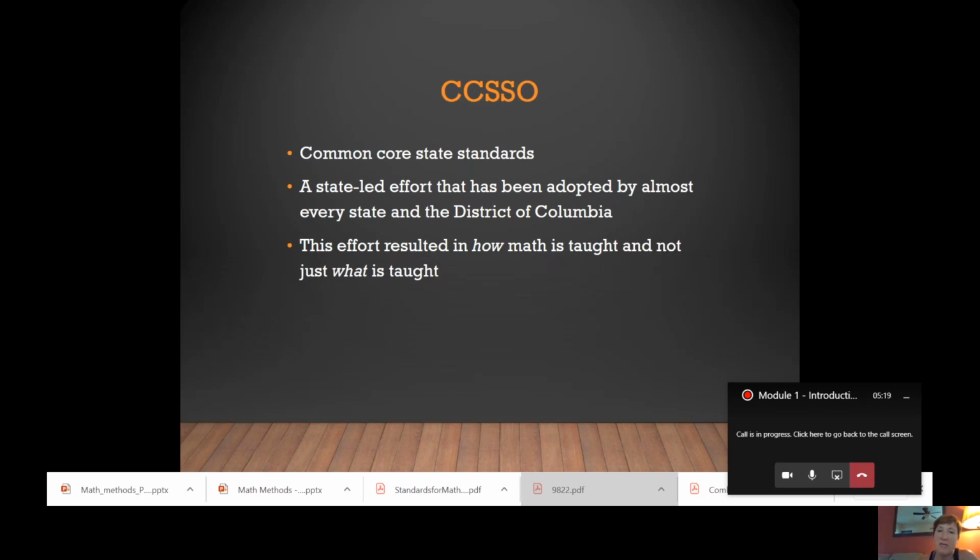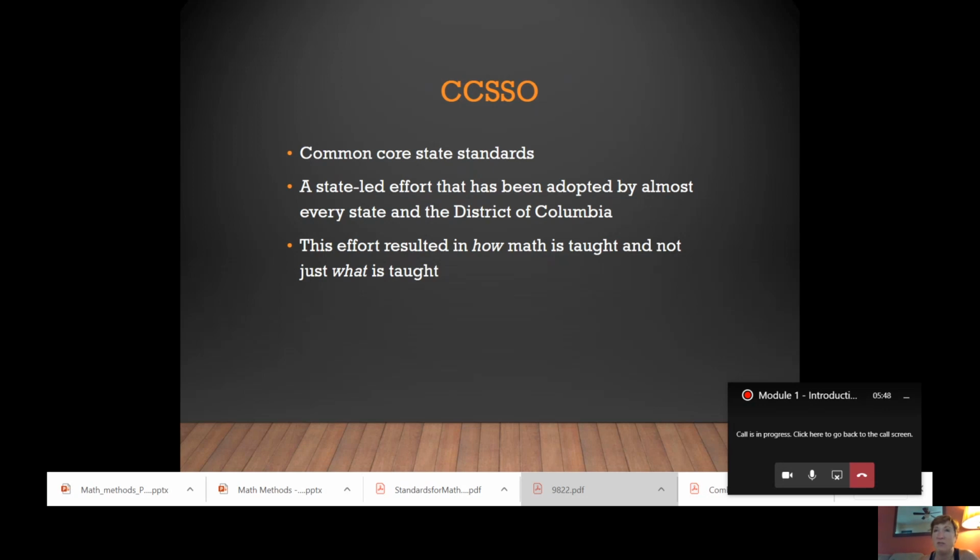And the effort resulted in changes to how math is taught and not just what is taught. So we'll talk about these standards and some of the differences that may be evident when you're looking at how young children are being taught math today.